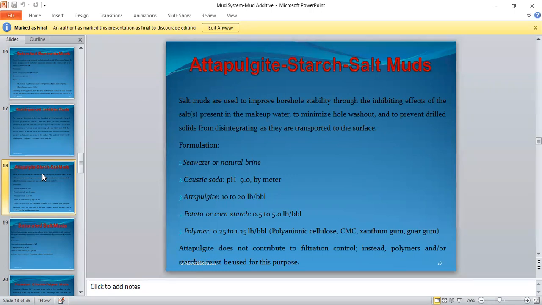And to prevent drill solids from disintegrating as they are transported to the surface. So they prevent hole washout and also prevent the cuttings from breaking down into smaller particles.